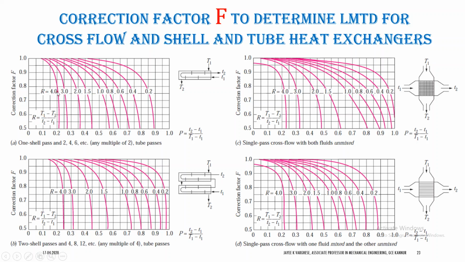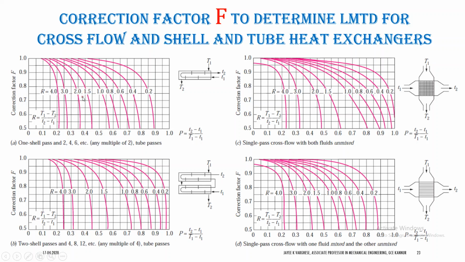The different curves are for R values like 4, 3, 2, 1.5, 1.8, and the X-axis is P. From these two parameters we can obtain the value of the correction factor.